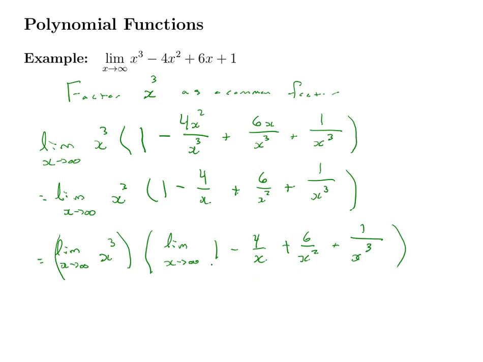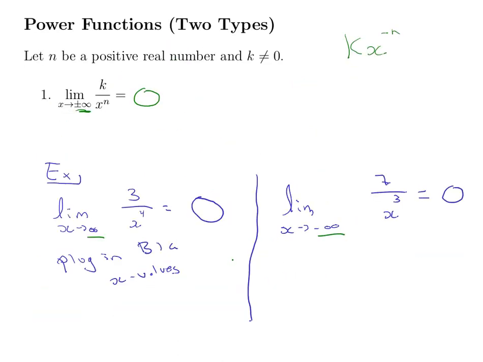All right, so the limit as x approaches infinity of 1 is just going to be 1. But now for these ones, what we'll notice is that if we look at these limits individually, just by themselves, if x is going to infinity, then these are those power functions. I'm going to skip back a second and remind us. These are these ones. We're just dividing by x's. So let me go back.